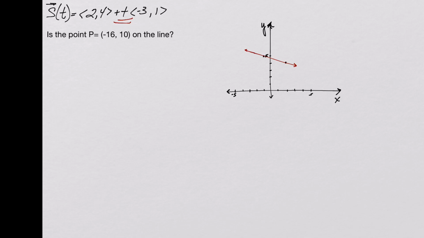In doing that, we would say (-16, 10) should be equal to this vector (2, 4) plus t times (-3, 1). Alright, so to simplify this, we can subtract this vector (2, 4) from both sides. Oops.